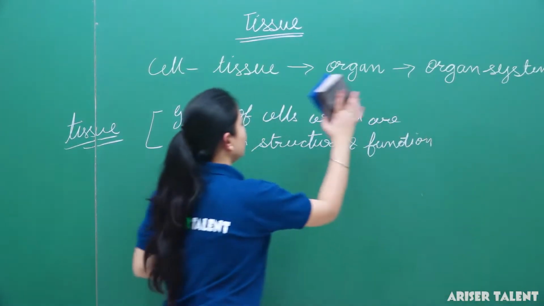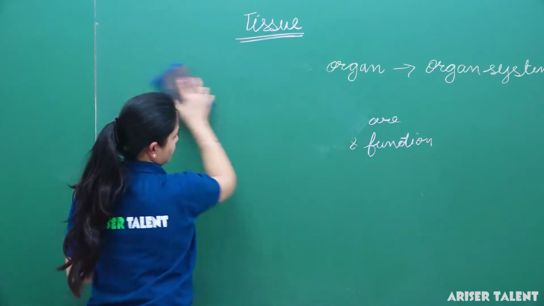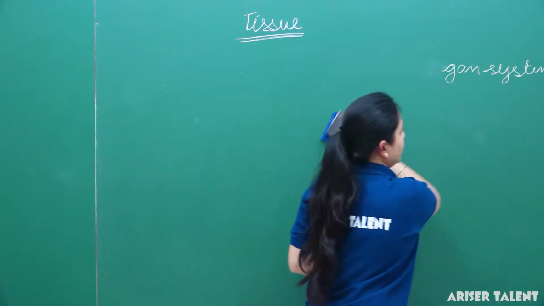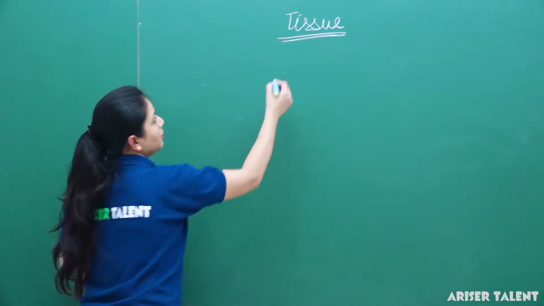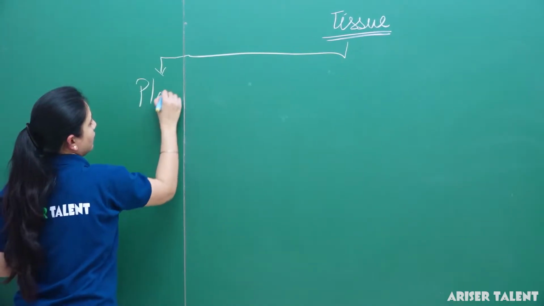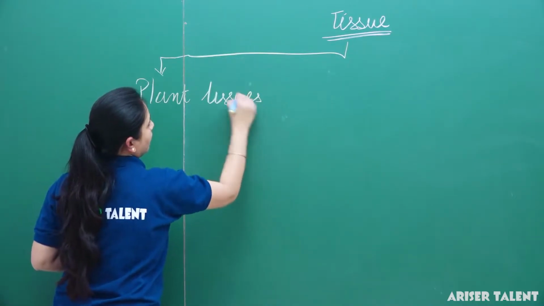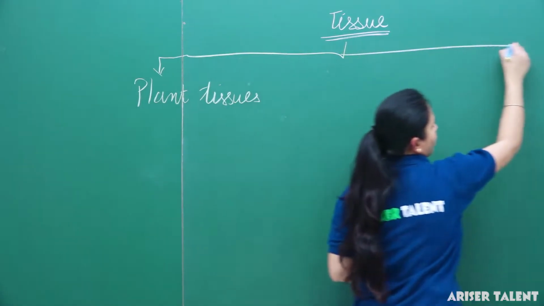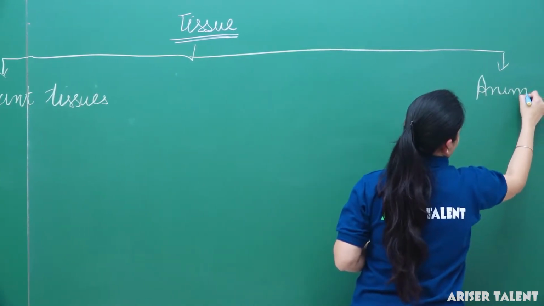Tissues are of two types, plant tissues and animal tissues. As the name itself defines, plant tissues are tissues which are found in plants, and tissues which are found in animals are animal tissues.